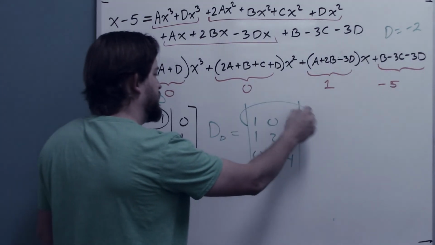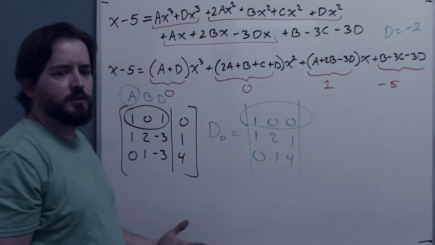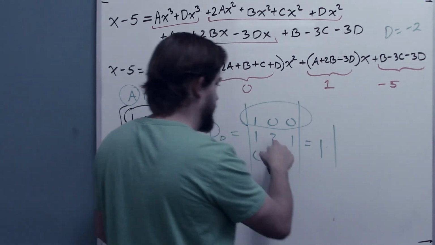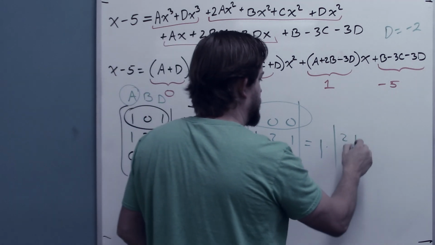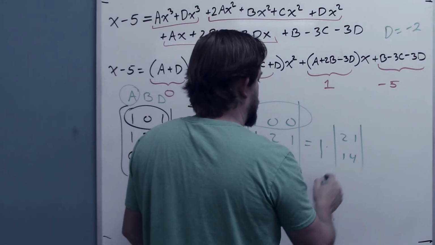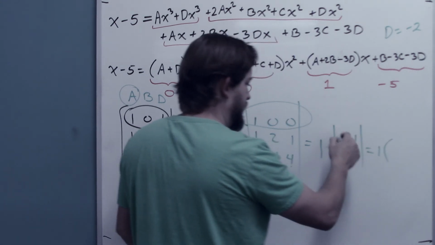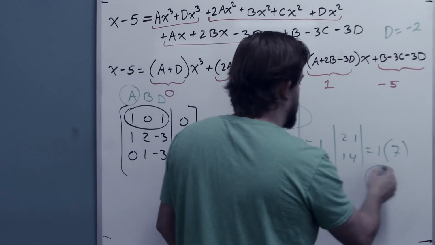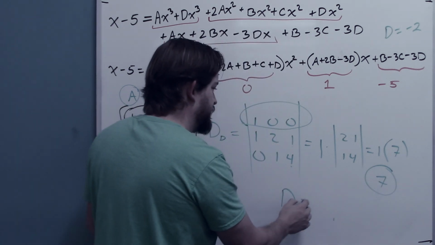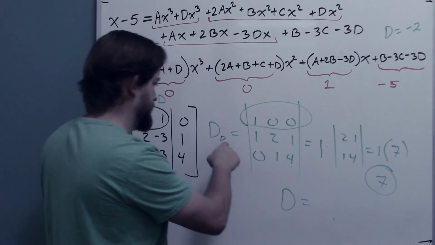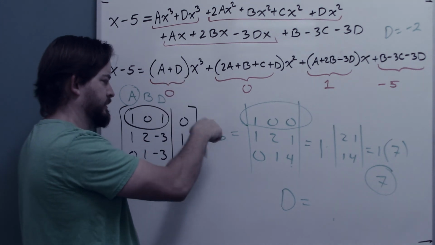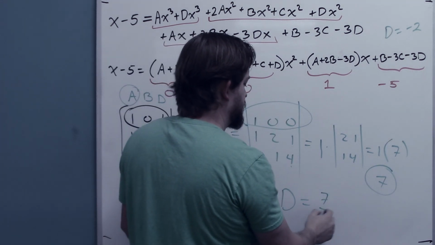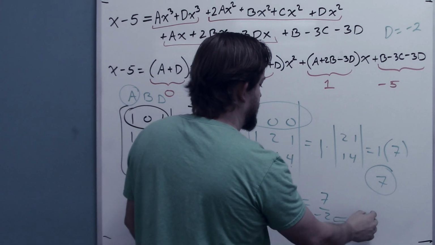Again, lucky, I get 1, 0, 0. Exploit that. This is then 1 multiplied by 2, 1, 1, 4, or 1 multiplied by 8 minus 1, and therefore it's 7. And therefore D itself is, it's terrible notation because D is both this variable and the determinant, but D, this variable, is 7 over negative 2, and therefore it's negative 7 over 2.